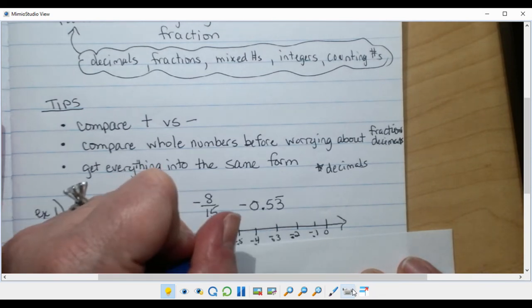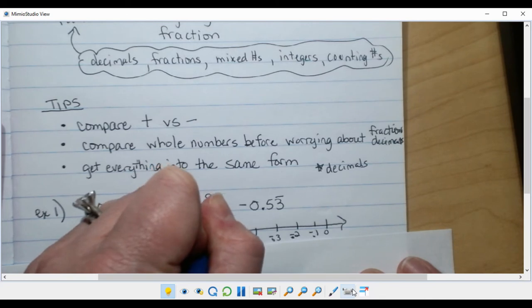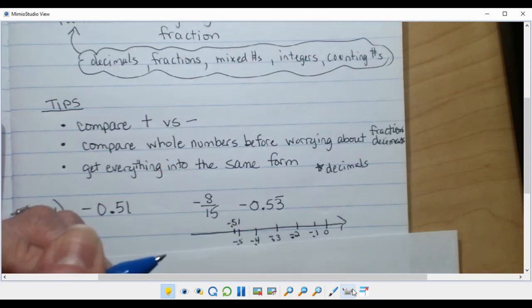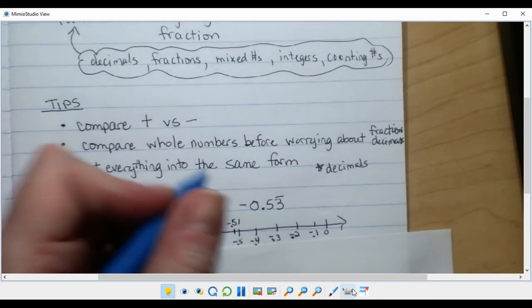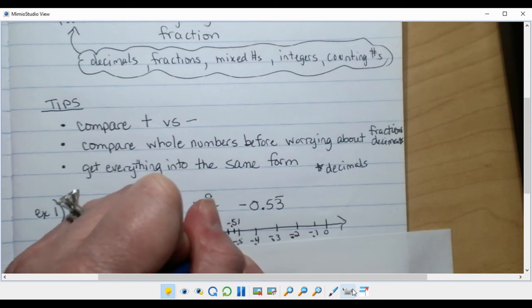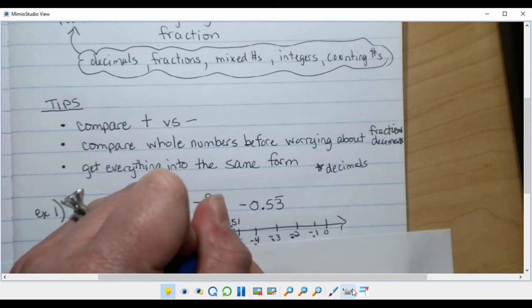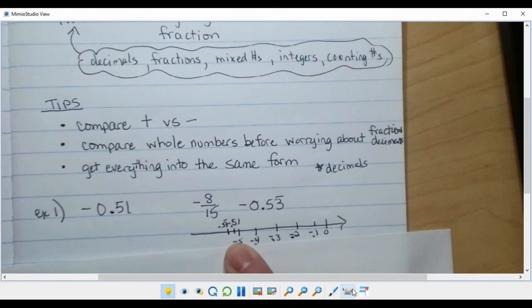Right here would be negative 0.51, just a little bit past it. And then right next to that is going to be negative 0.53 repeating. So which one of those two is less? Remember, left is less. This one.